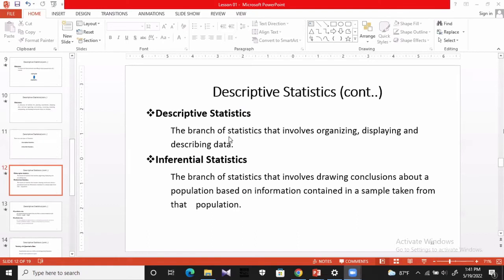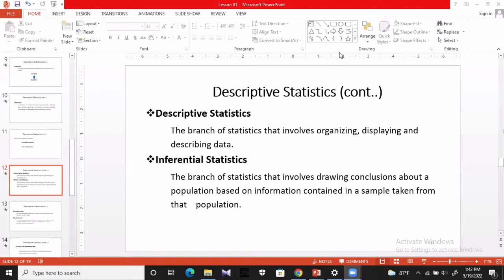First, we collect our data, and after collecting the data, we have to organize, display and describe the data. After doing this part, we go for the inferential statistics part. Understand? The descriptive statistics part is related to sample data, and inferential statistics is related to population data.